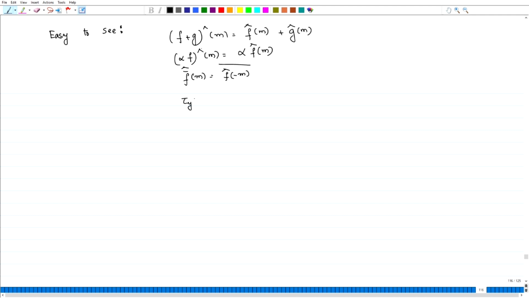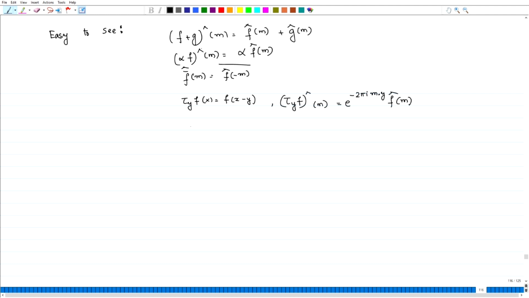So, if you define tau y of f as f of x minus y, then tau y f hat at m is equal to e to the power minus 2 pi i m dot y times f hat of m.